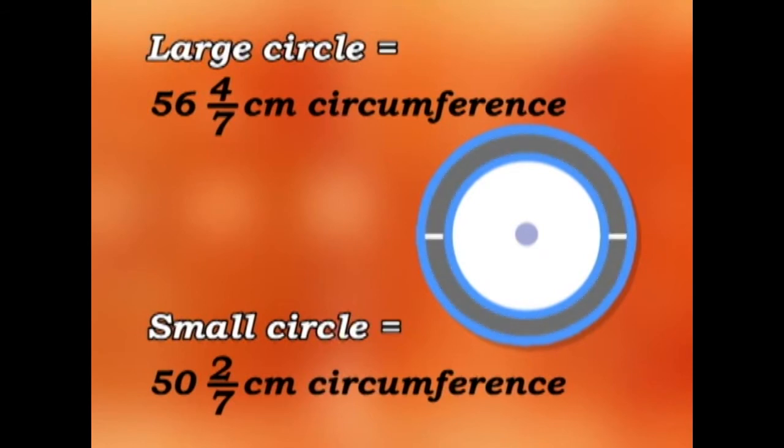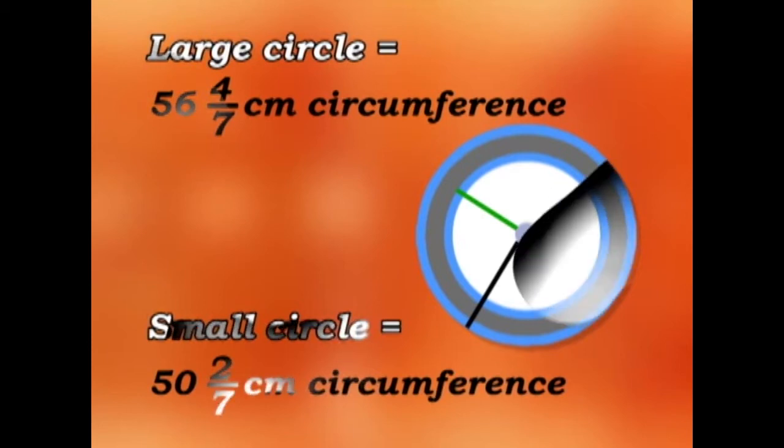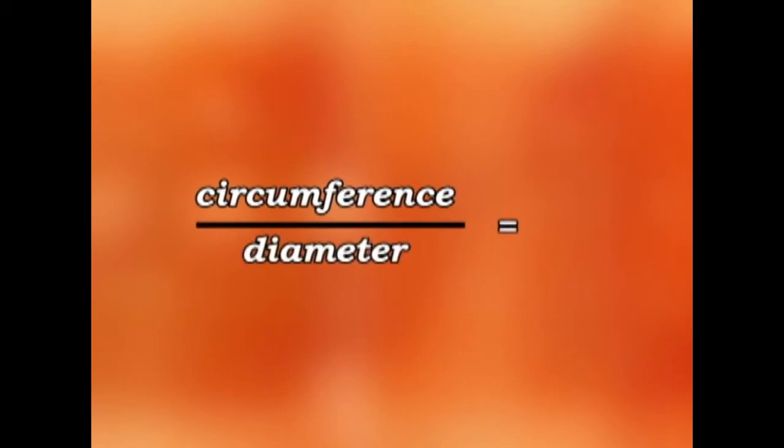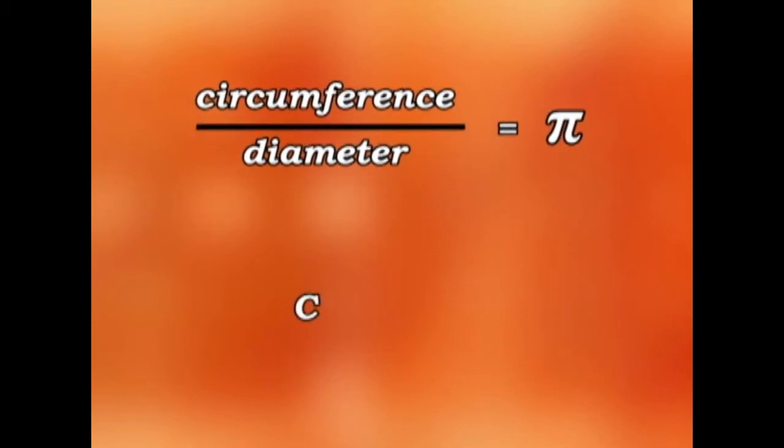All we need to do is find out the length of the radius for each circle, and that's easy. Remember the definition of pi? The circumference of a circle over the diameter of that circle equals pi. C equals circumference and D equals diameter.